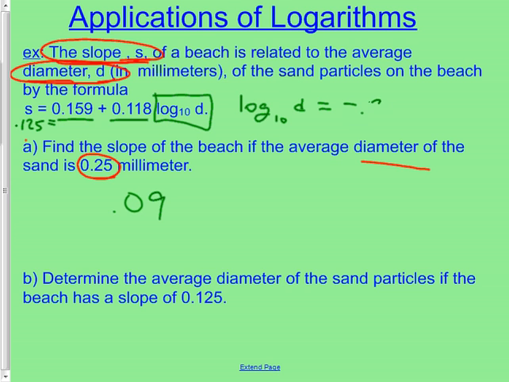Negative 0.28? Good enough. And then it's a rewrite: 10 to the power of that equals your diameter. What did you get for a final answer on that last one?